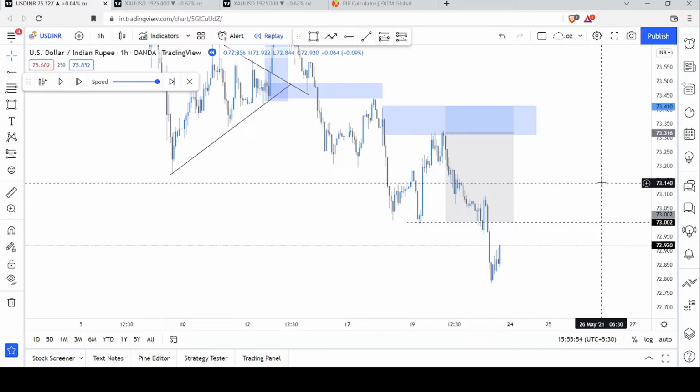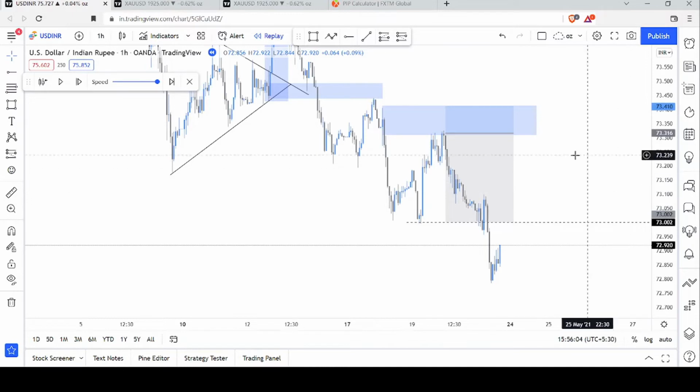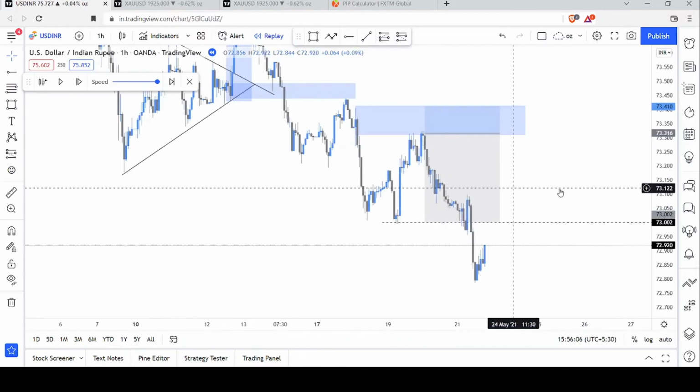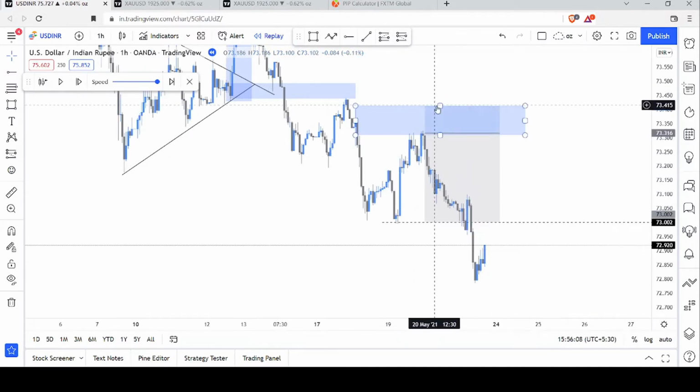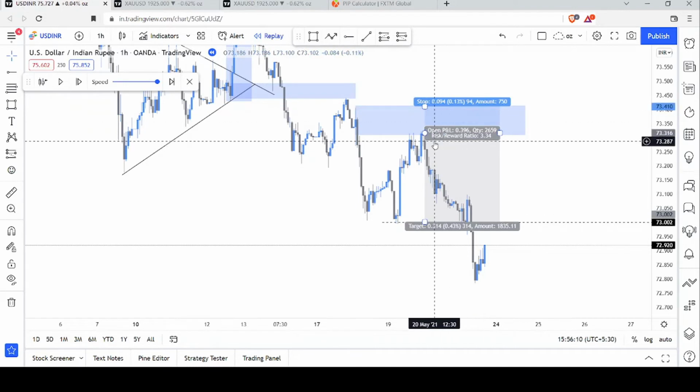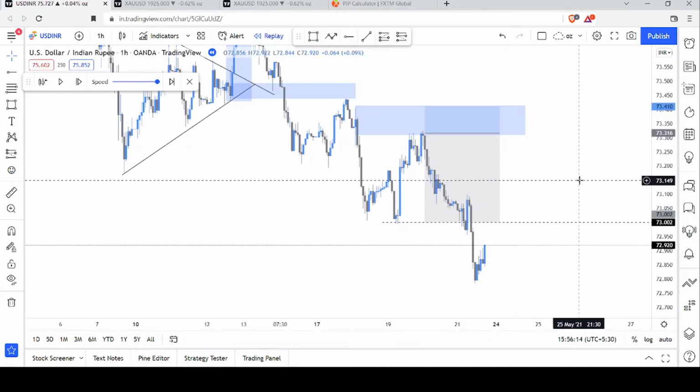But even when you combine it with your confirmation, the edge, the probability increases to work in your favor, right? So in this case, if you would have just sold like this, stop loss above this, and then selling from here, what is this? It's a 3 RR trade, right?